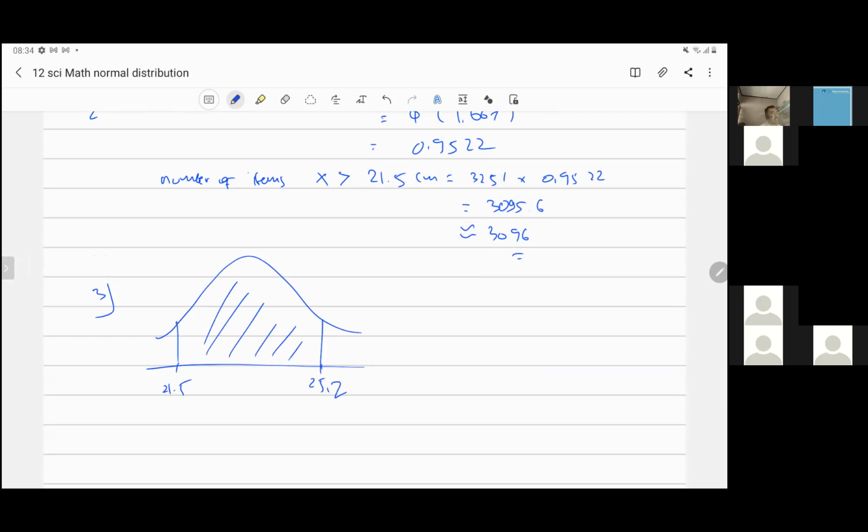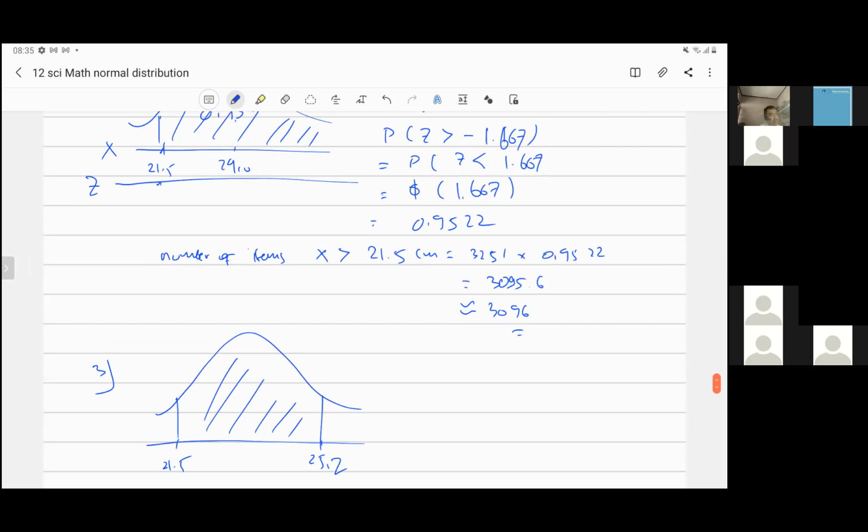What's the number of items here? Okay, so here we are going to find out by getting the formula.